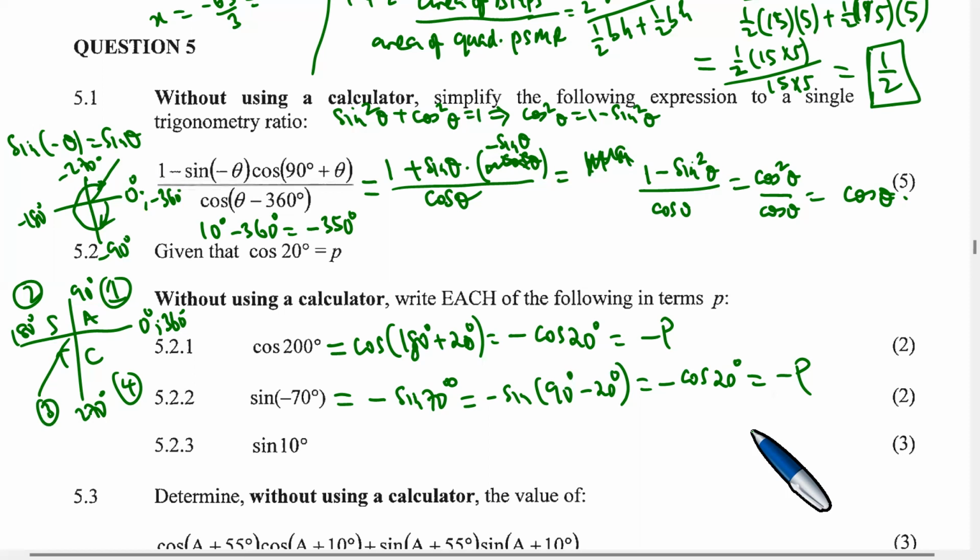Try sine 10. Anyone who is done, sine 10, 3 marks.